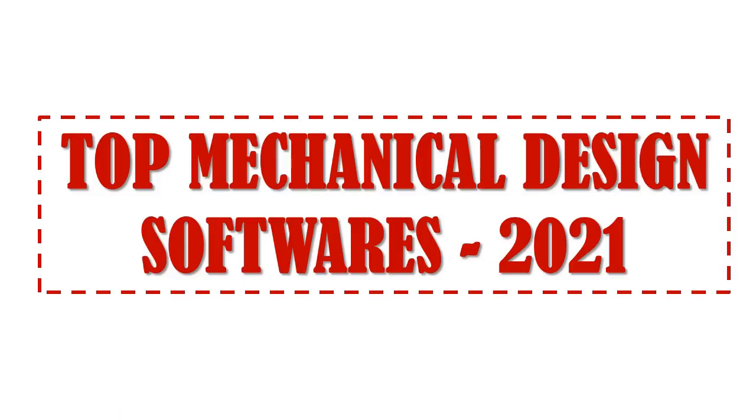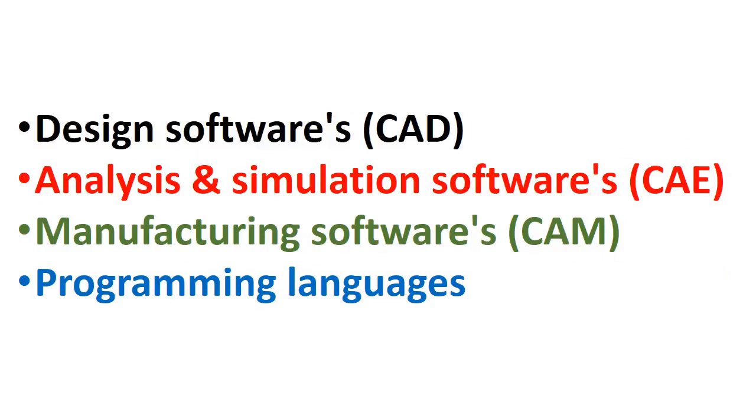Now let us move to the top mechanical design softwares of 2021. For ease of explanation, let us divide these softwares as follows: design software CAD, analysis and simulation software CAE, manufacturing software CAM, and programming languages. We wish to introduce some of the good softwares in all these categories.